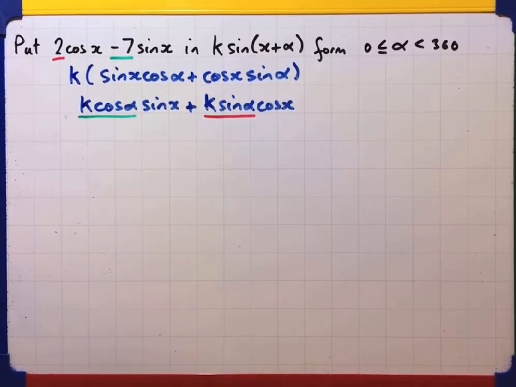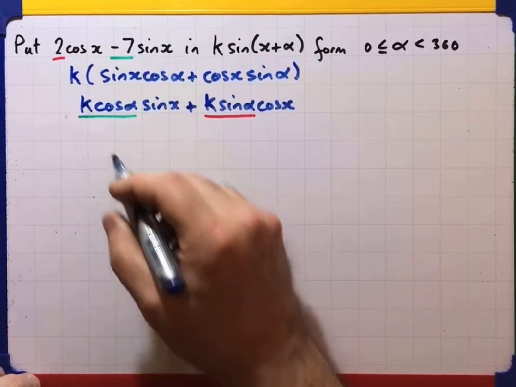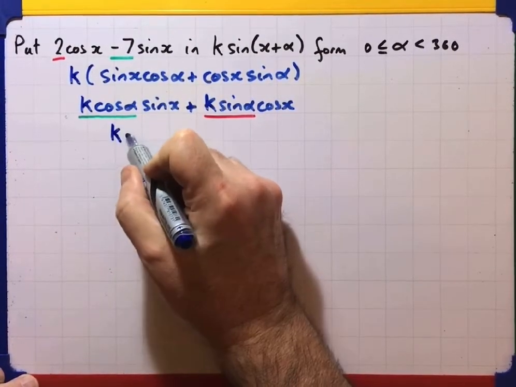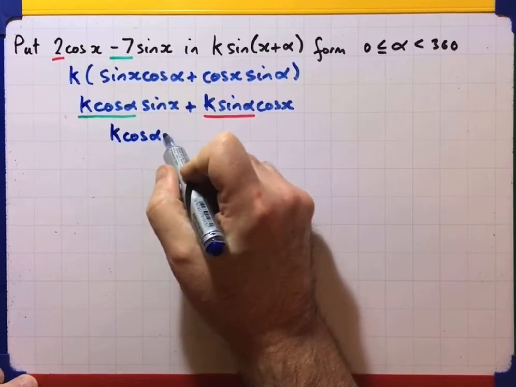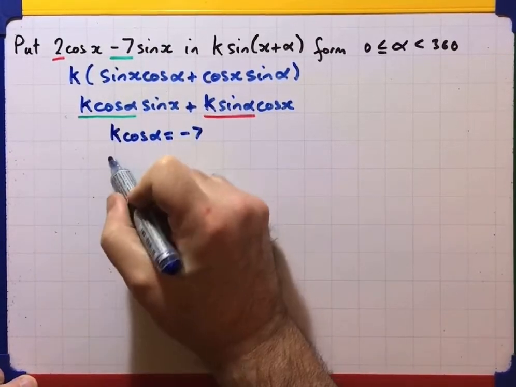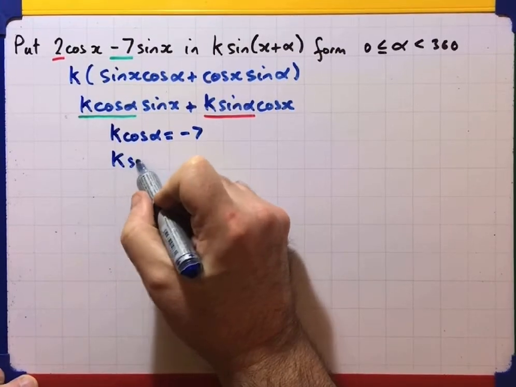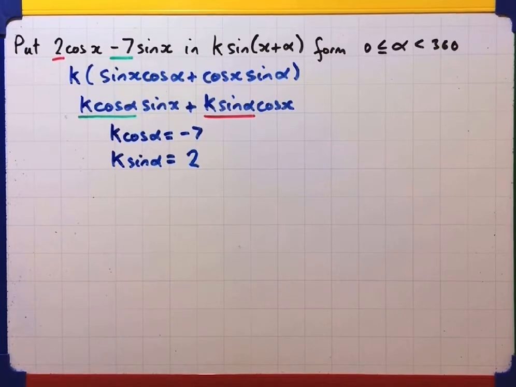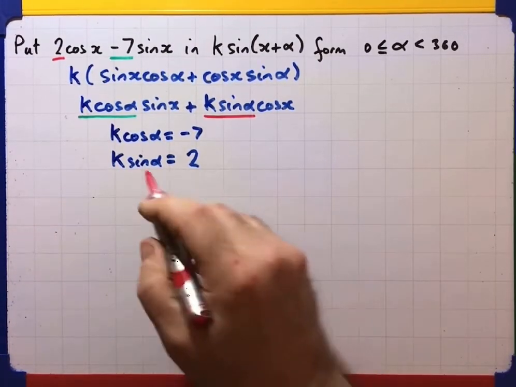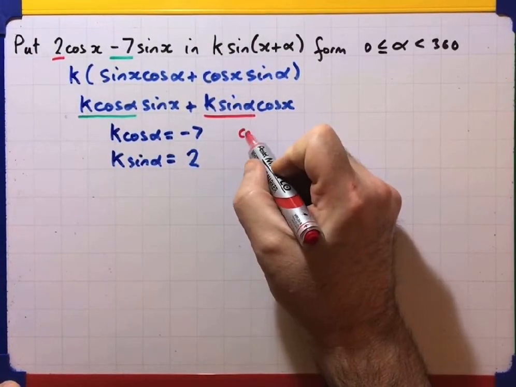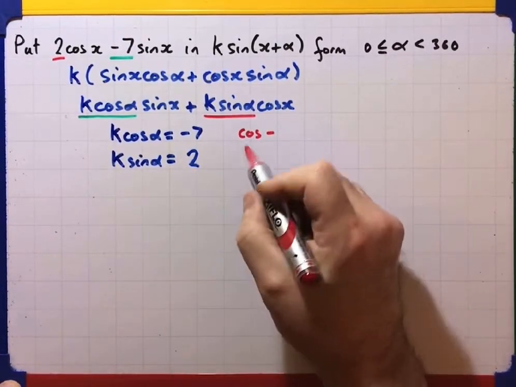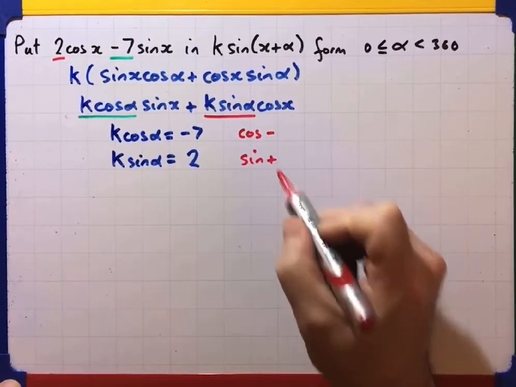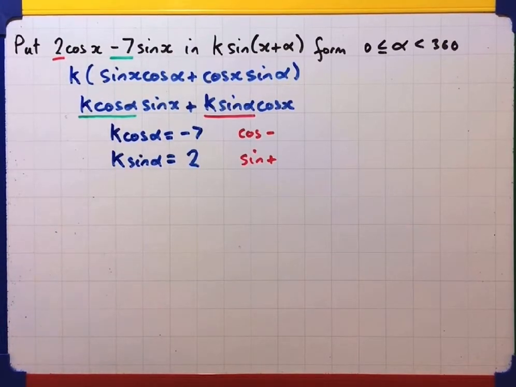So now, when we're writing it down, we've got that k cos alpha equals minus 7 and k sin alpha is equal to 2. Again, we can see in this case cos alpha is negative and the sine is positive. We'll bear that in mind when we come to it later on.